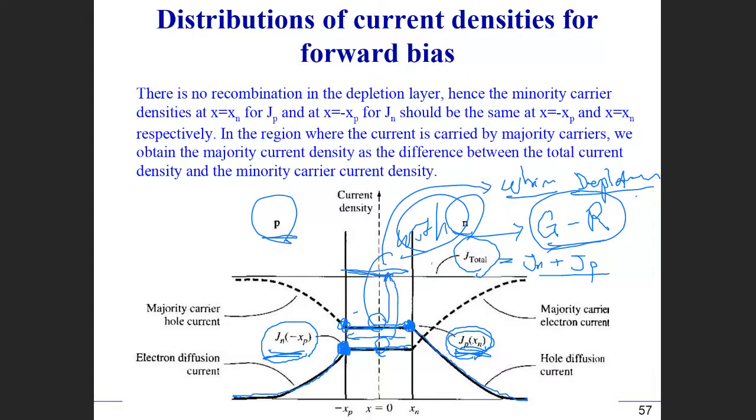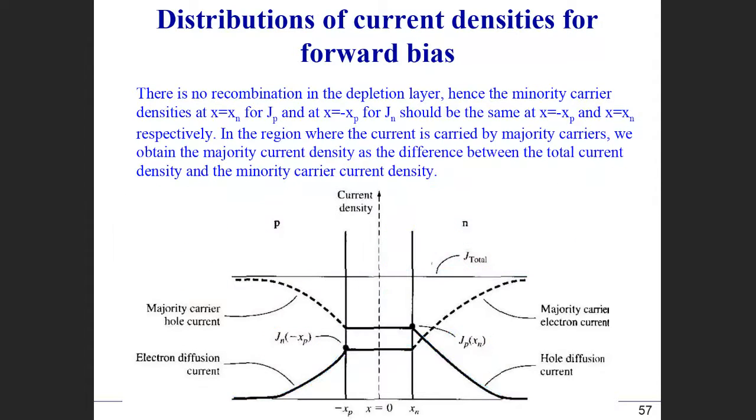The p-n junction is just a single device, so your total current is going to be constant throughout the device. So we can have this constant total current in the depletion region. That way, we can obtain the current in the p-n junction diode.